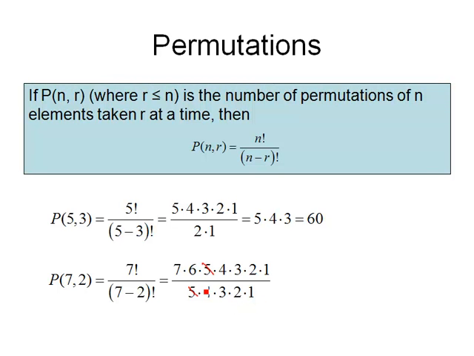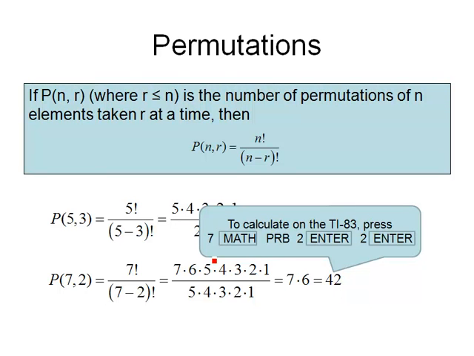That would cancel out all these pieces. And what I'd be left with is just 7 times 6. Well, that makes total sense, because if I'm choosing from 7 objects, I want to make 2 choices. That means there's going to be 7 ways to do the first choice and 6 ways to do the second choice, which gives me 42.